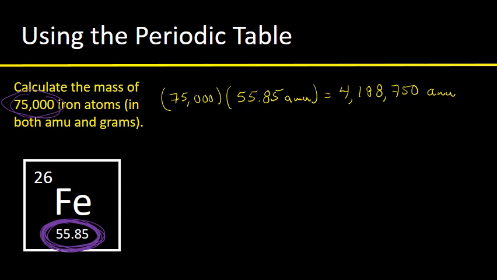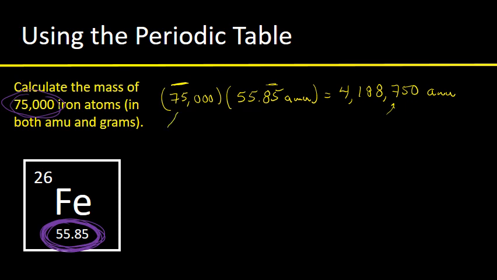But for our significant figures, we've only got 2 significant figures here in the 75,000. If you wanted to think of that as a counting number, I guess you could call it 5 sig figs if you wanted to. But we definitely only got 4 sig figs here, so one way or another we've got to round this a little bit.